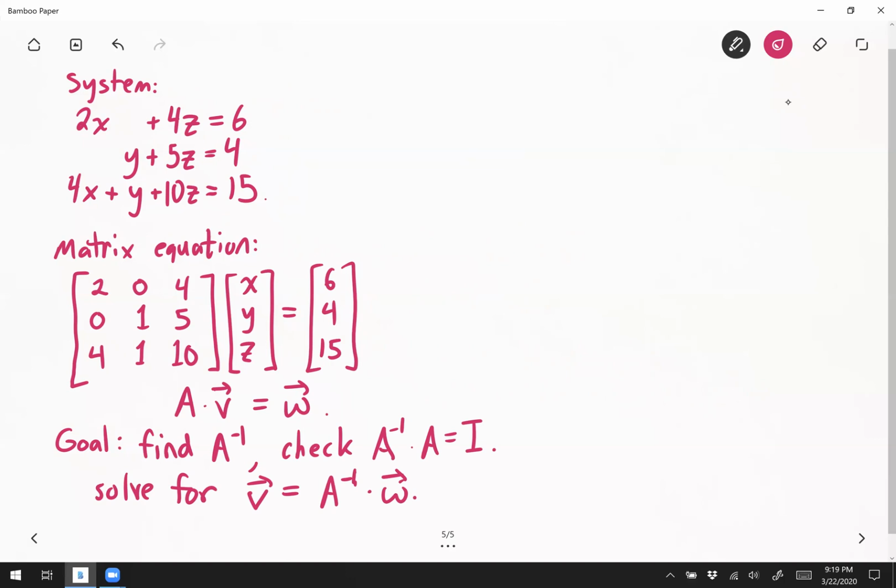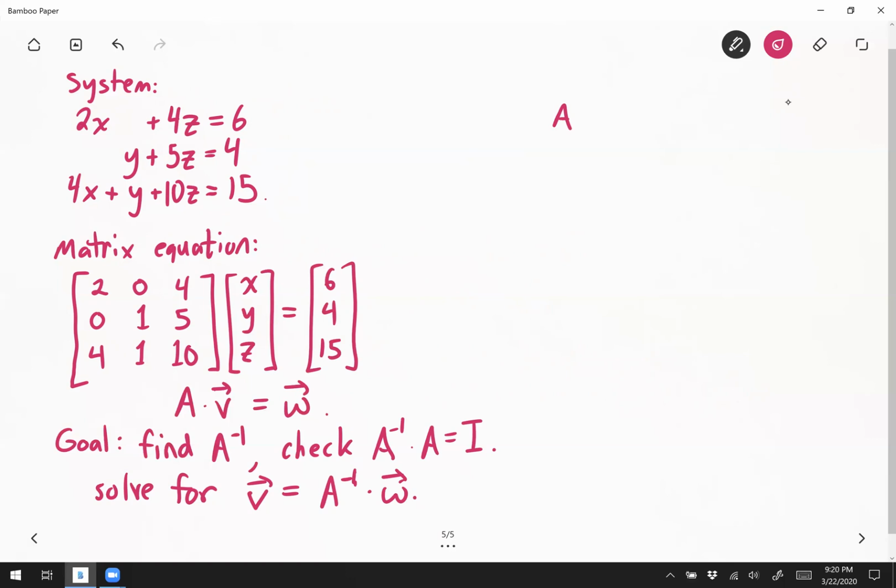All right, so finding the inverse of a 3x3 matrix is a little bit more difficult. There's not a simple formula that we're going to write down, but instead we'll talk about a procedure which you can use to simplify it. In general, the idea is if you have a matrix A, you can do some elementary row operations on A to convert it to the identity matrix.